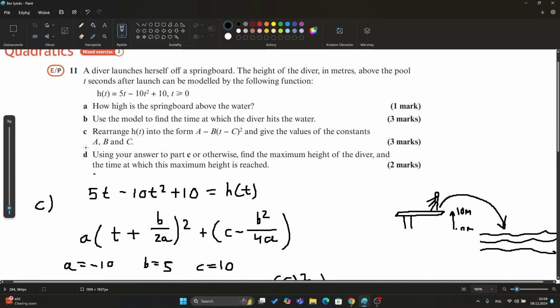Now part D, using your answer to part C or otherwise, find the maximum height of the diver and the time at which this maximum height is reached.